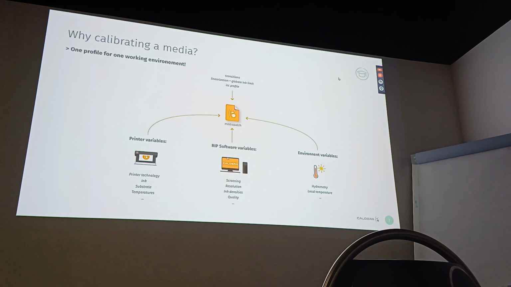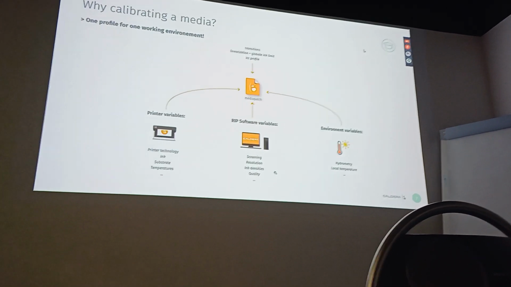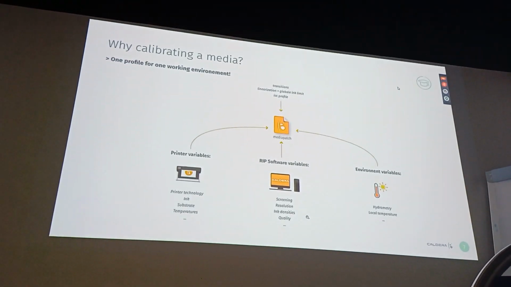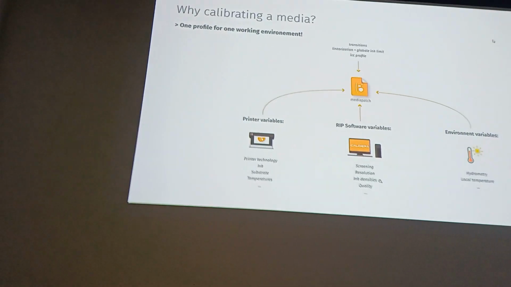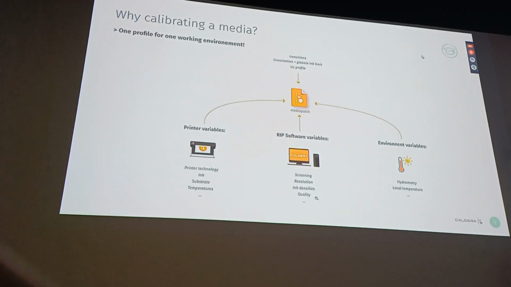But we also have some RIP software variables, as you can see. Here I'm talking about screening, so the type of screening you will use, the type of resolution, and the ink density, of course. This will be set up during the calibration process, and the quality, for instance.